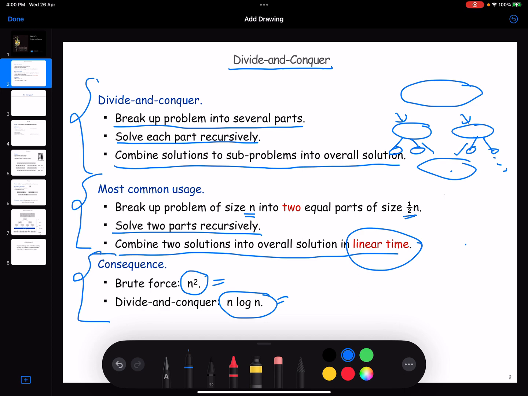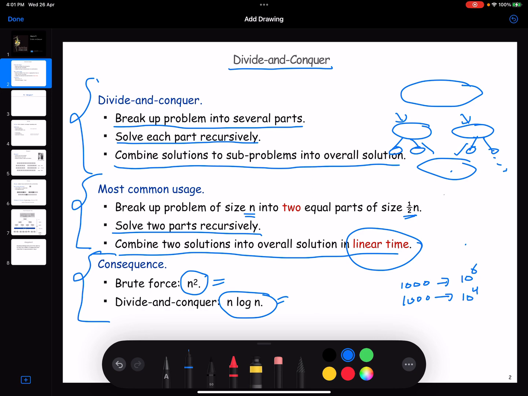For example, if the size of the array is 1000, we will get about 1 million operations if we use bubble sort. But if we use merge sort on the 1000-element array, we use n log n, so 1000 multiplied by log 1000, which is about 10.